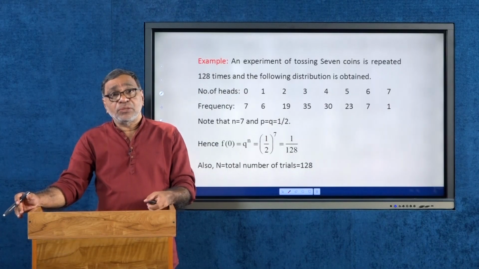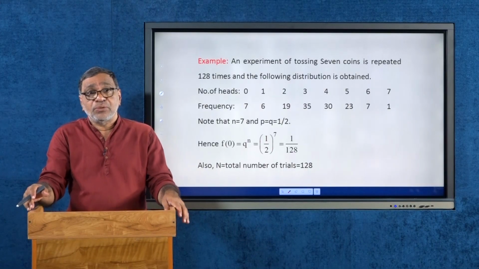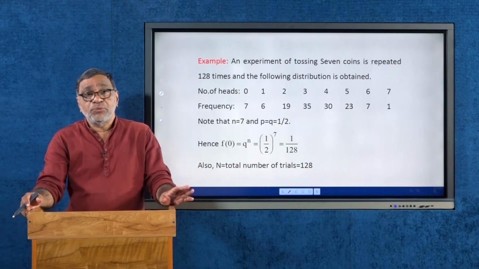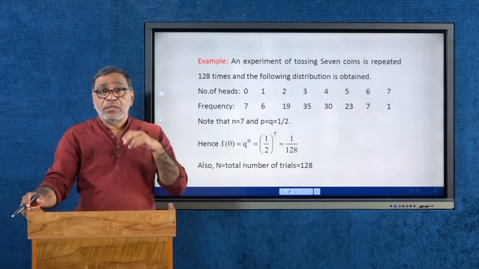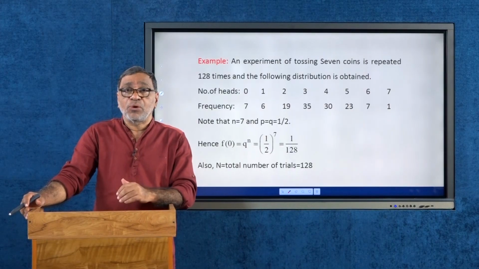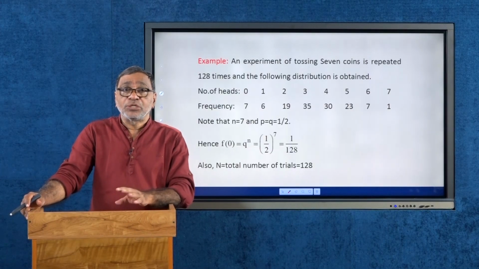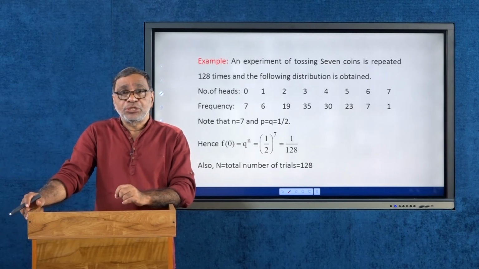And what is the advantage of this formula? In order to understand the advantage of this formula, let me give one example here. Suppose you are tossing a coin 7 times, an experiment of tossing 7 coins is repeated 128 times, and the following distribution is obtained.